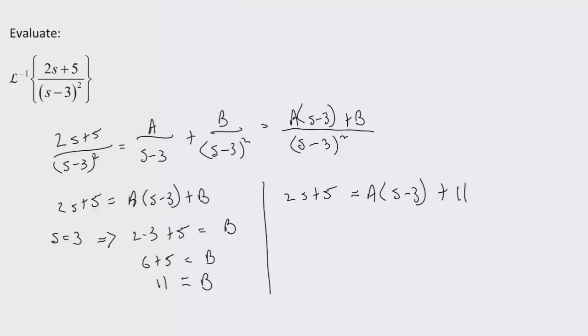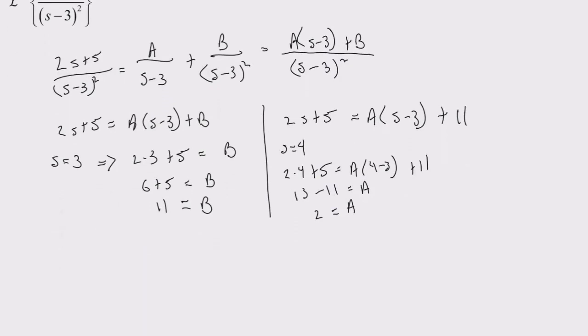So what if I let s equal 4? So if I let s equal 4, it's 2 times 4 plus 5 equals a times 4 minus 3 plus 11. So 2 times 4 is 8 plus 5, which is 13. We'll subtract off that 11. And that's just a, so that tells me that a is 2.